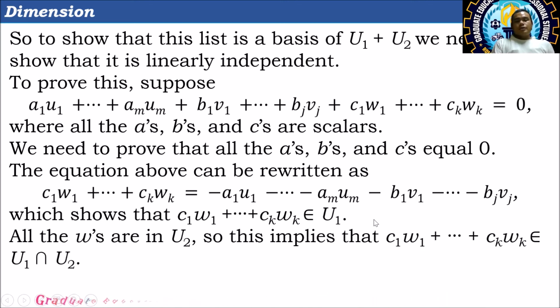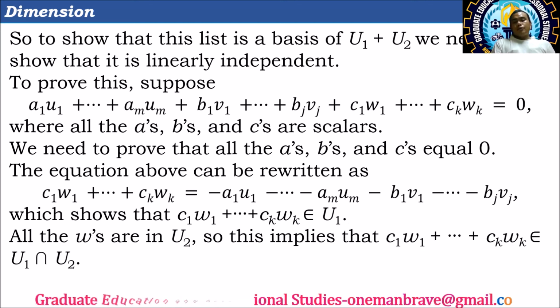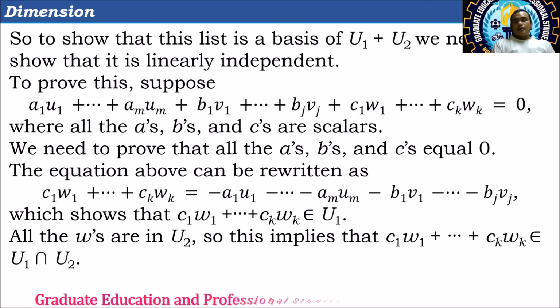All the w's are in U2. So this implies that the linear combination of c's and w's is an element of the intersection of U1 and U2.